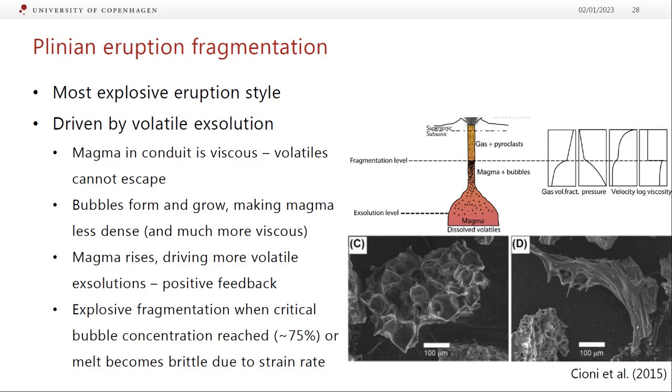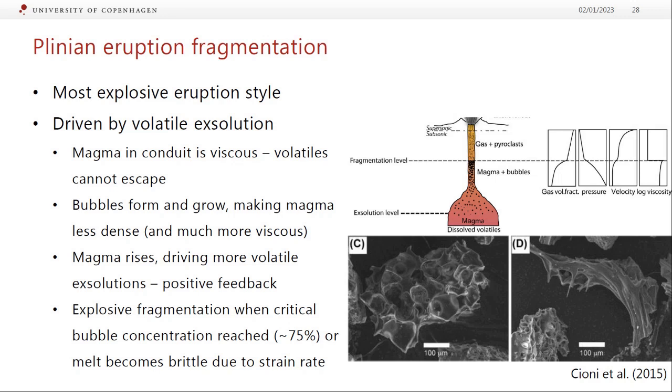At that point, we actually exsolve even more volatiles because we're reducing the pressure, and we make the magma less dense again. Because we're exsolving a bunch of water, the magma is becoming increasingly dry and more and more viscous. So it's more likely to break and fragment.